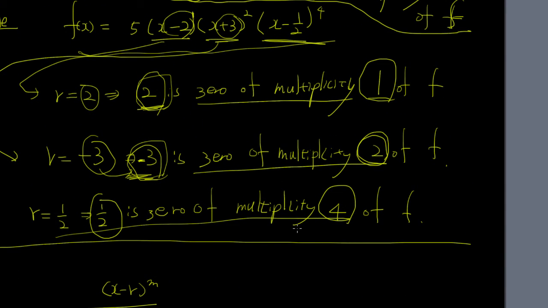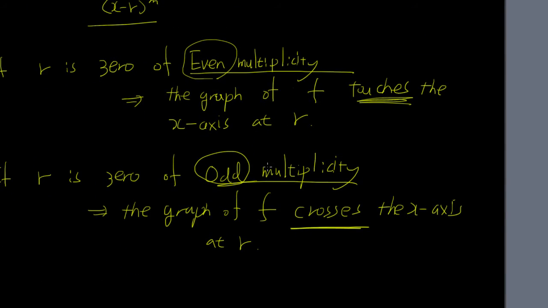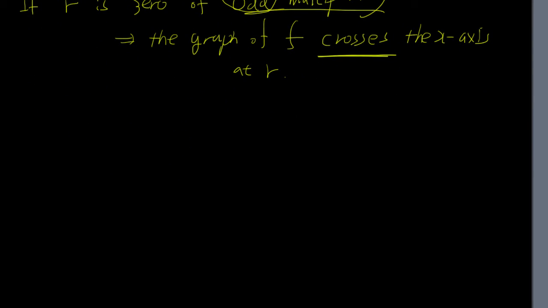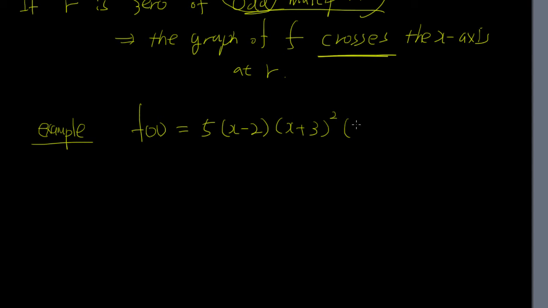So let's revisit the example that we had previously. Say f of x is 5 times x minus 2, times x plus 3 squared, times x minus 1/2 to the 4th.